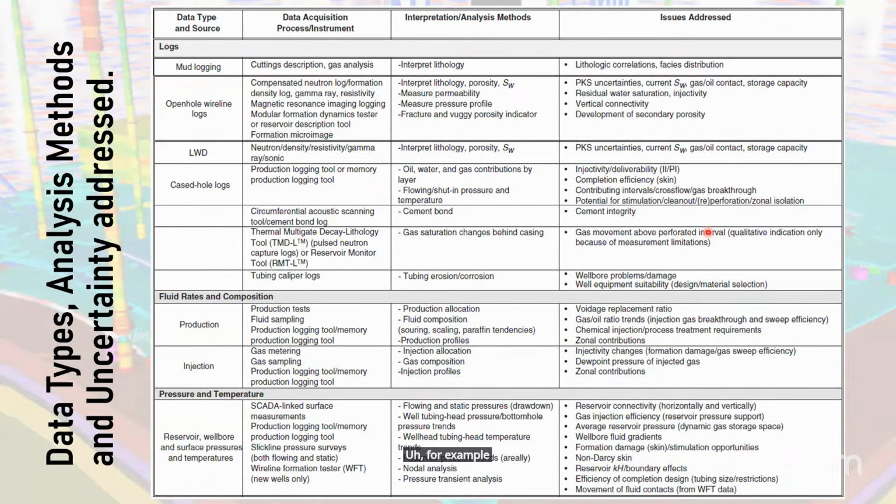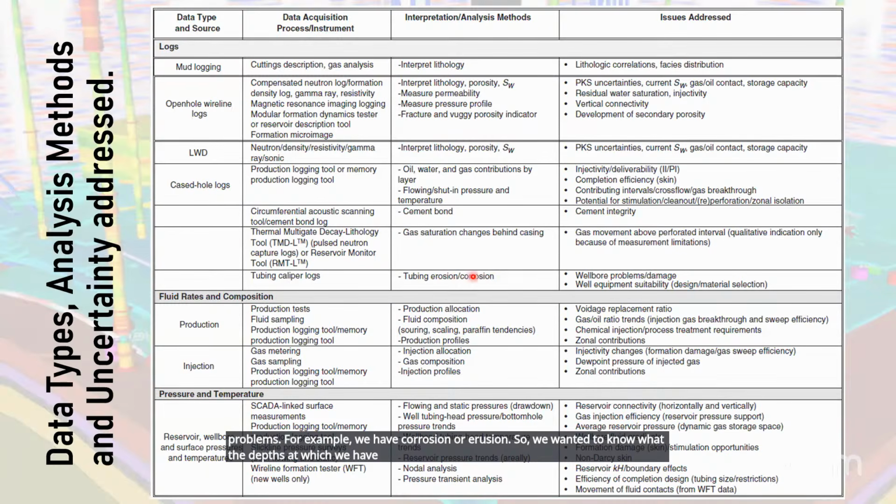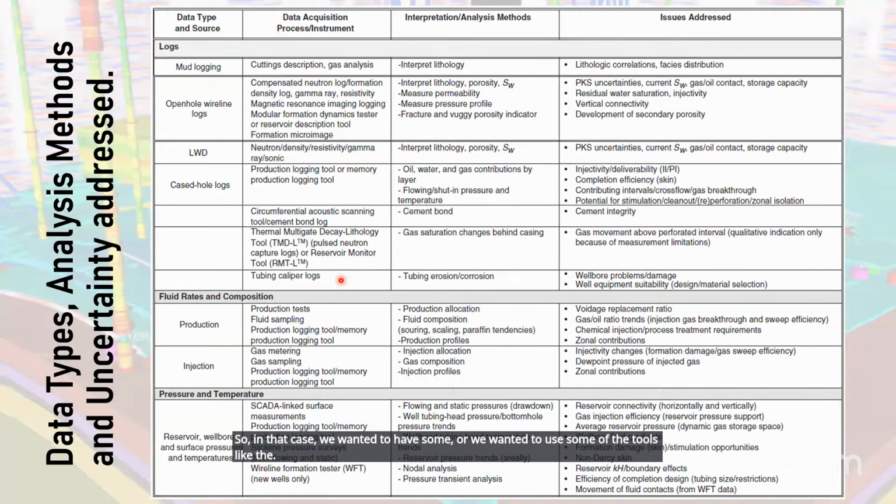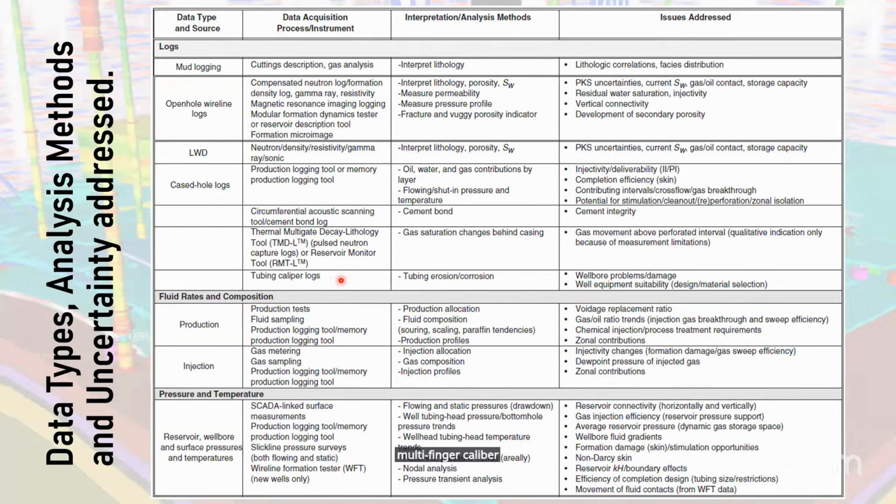For example, we have some wellbore damage or wellbore problems. For example, we have corrosion or erosion. So we want to know the depths at which we have corrosion or erosion in the tubing or the casing. So in that case, we want to use some tools like the multi-finger caliper logs or the MTT or the IMIT to see the corrosion depths in our casing or our tubing.